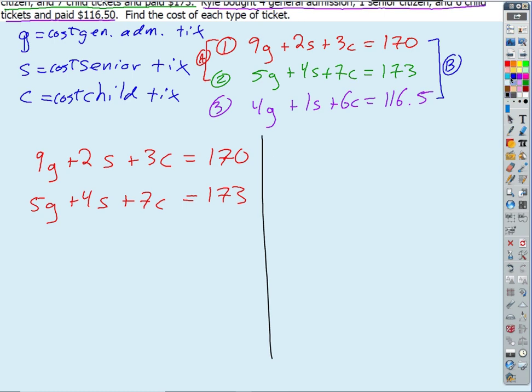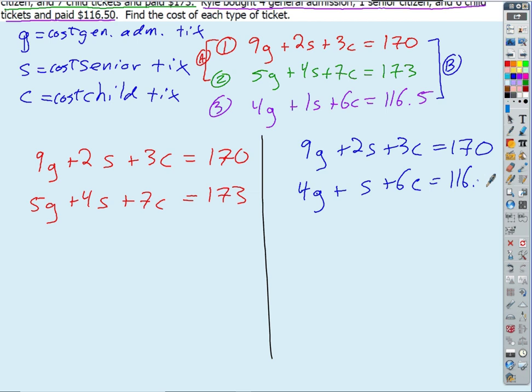And then group B, 9G plus 2S plus 3C equals 170 in the bottom one. 4G plus S plus 6C equals 116.5.